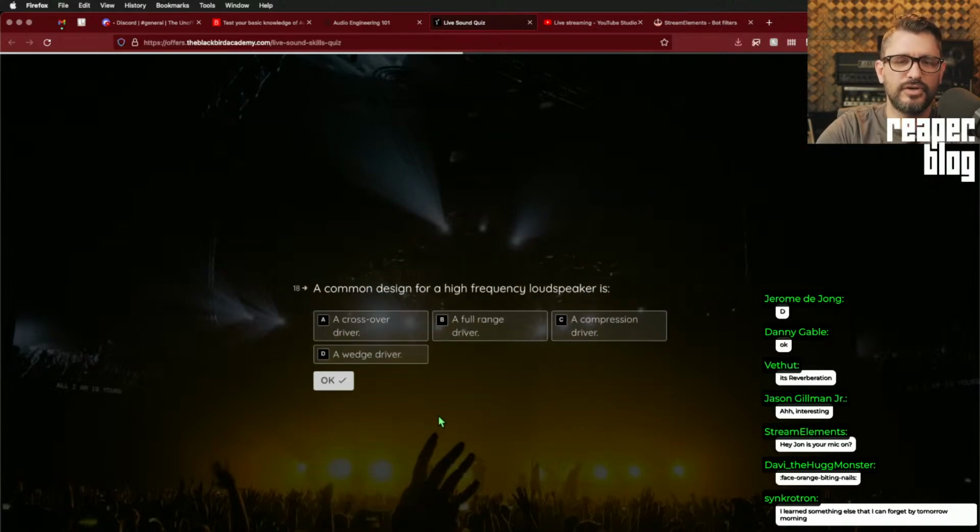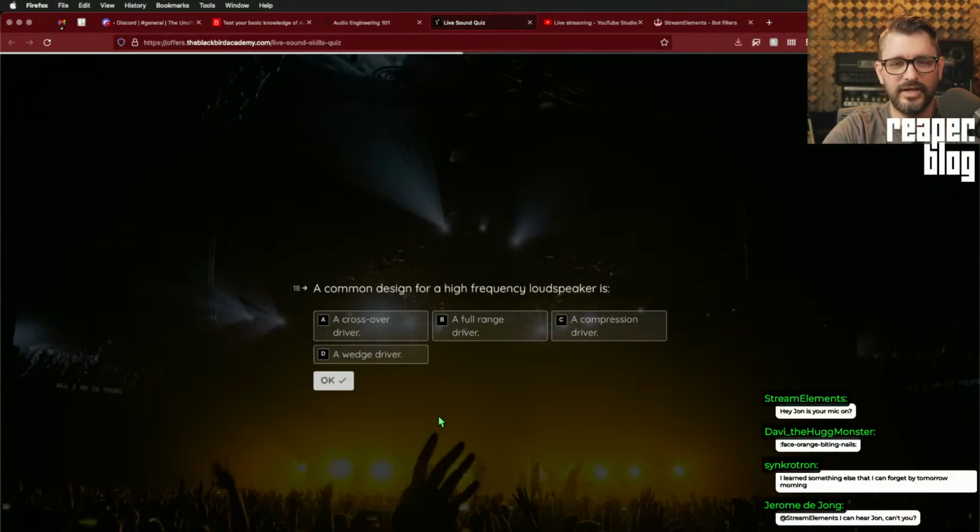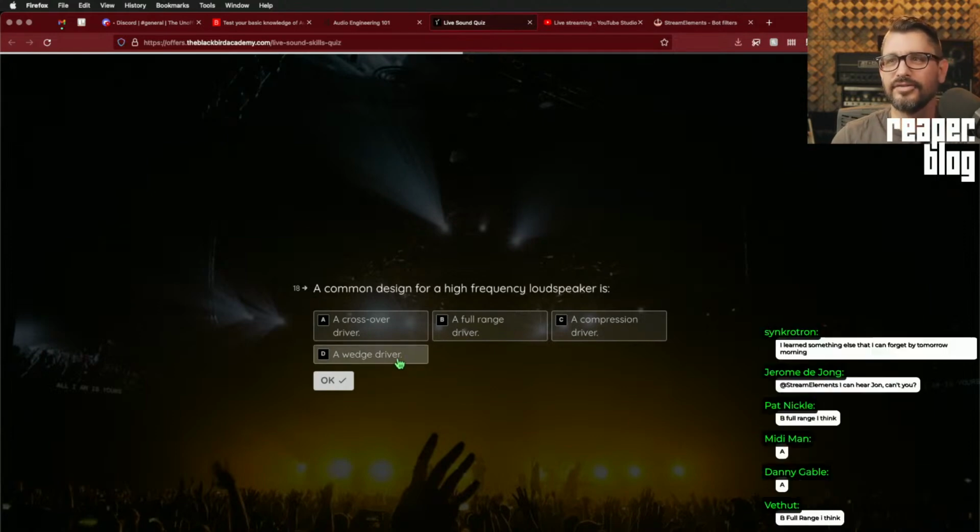A common design for a high frequency loudspeaker is a crossover driver, a full range driver, compression driver, or a wedge driver. All right, so wedge driver, that's golf.